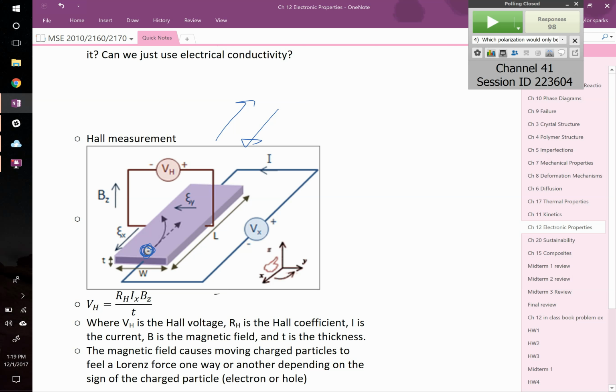Okay. You've got a current traveling through your material because you hooked a 9-volt battery or anything else up to it, right? You induced a current, which is traveling that way, which means your electrons are traveling the opposite way. That's just the convention that we have, right?